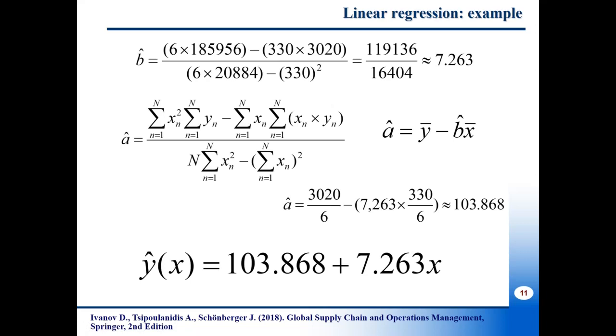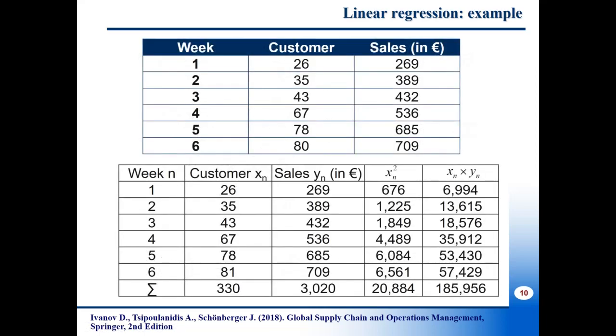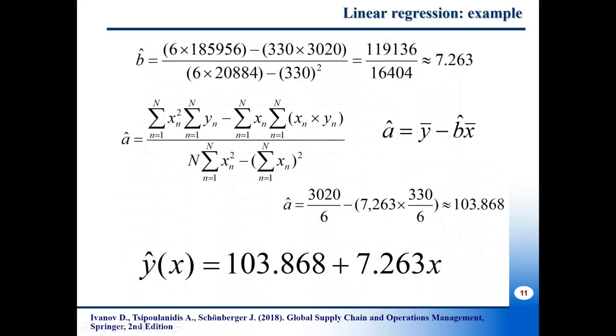And we can also calculate A the same way by following the equation in our slide, by referring to our previous table, the lower table. And we found A equal to 103.868.